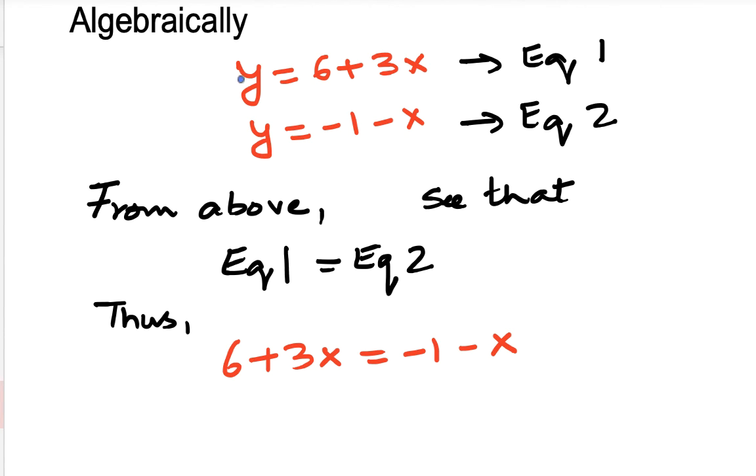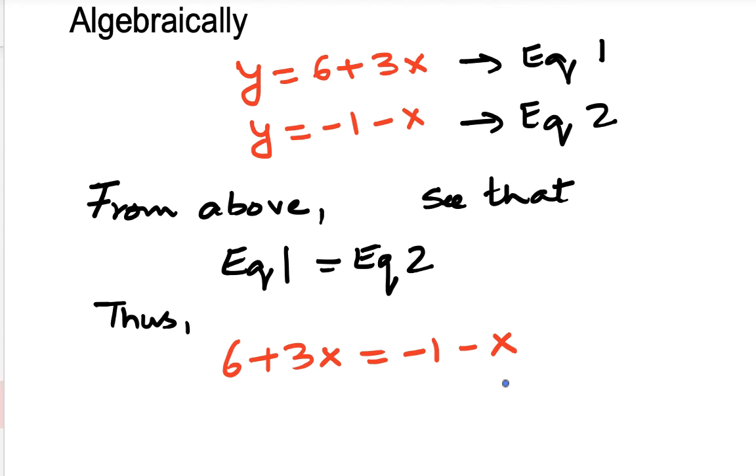Because both of them are representing y, when we solve these two equations together, we will get a common point where both of them actually intersect. So we write 6 plus 3x equals minus 1 minus x.